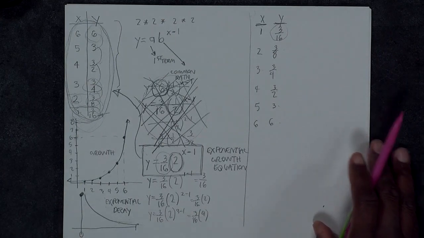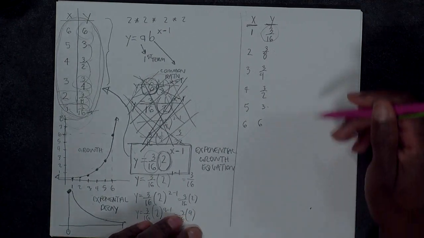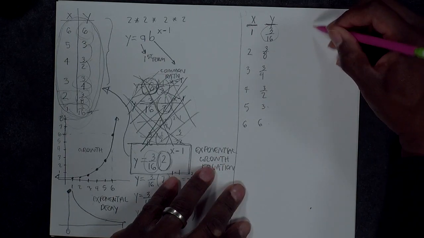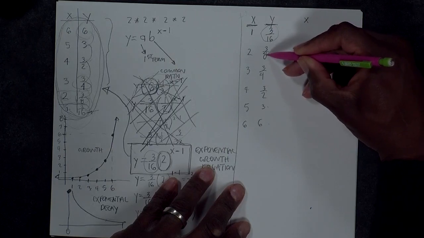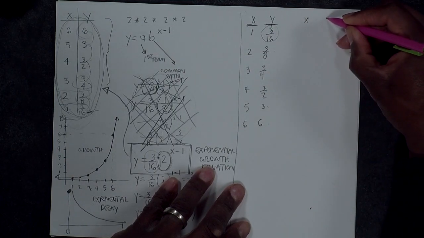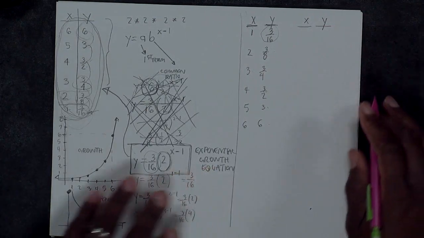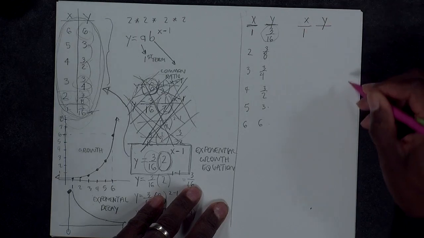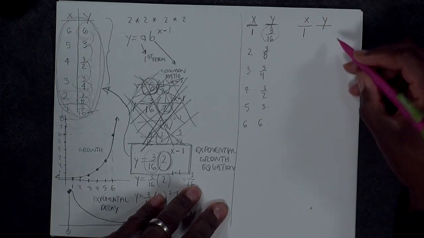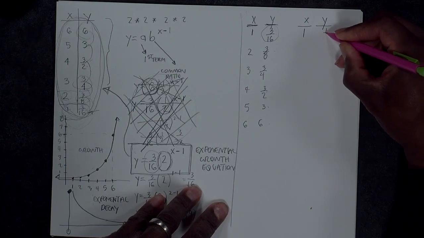All right, so last thing that I would like to show you is what if we had data where you were not multiplying by 2 repetitively? What if at time 1 you didn't have 3/16? Let's say you had something like 1/4.